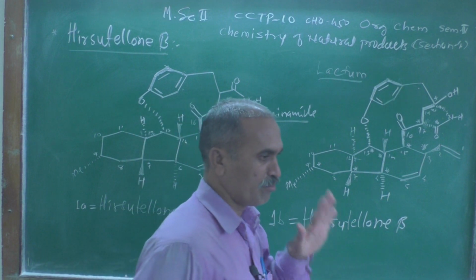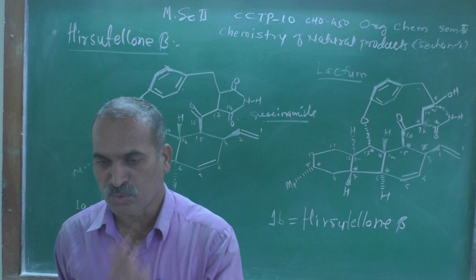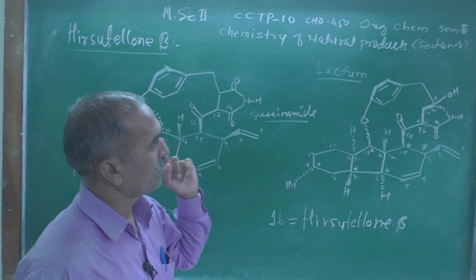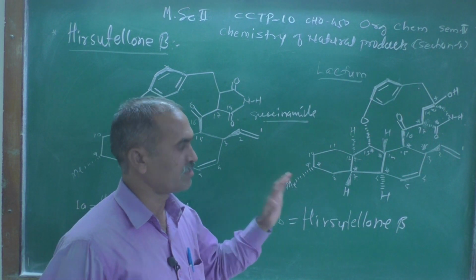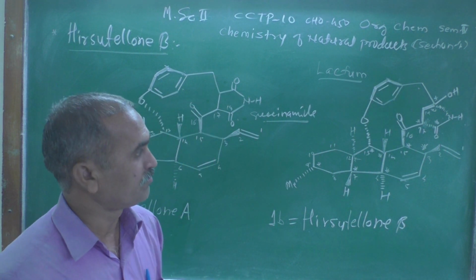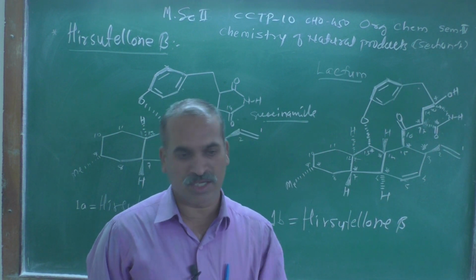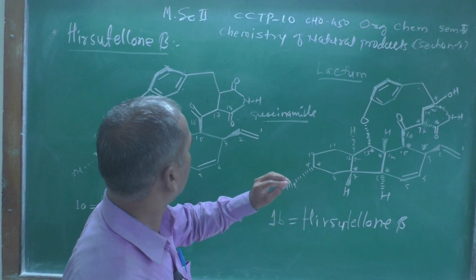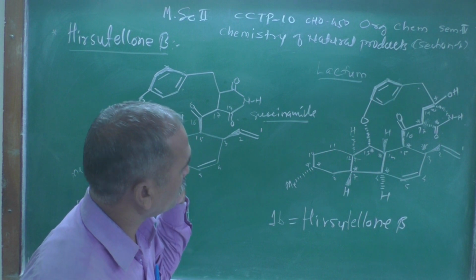So that is the major difference we can notice in this molecule. Understood this one? Now the numbering system is the same in both cases, but are the number of chiral centers, the number of stereogenic centers, in this case the same or different?